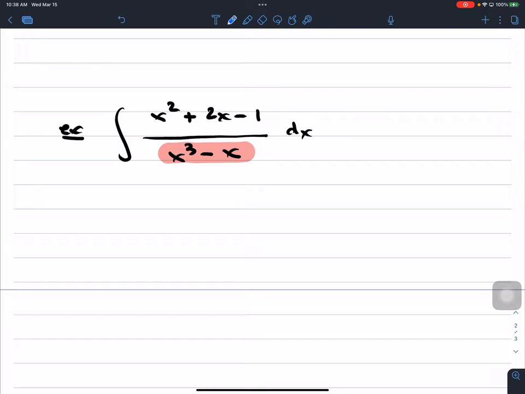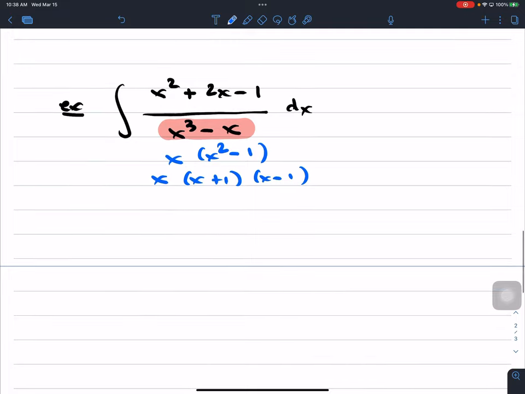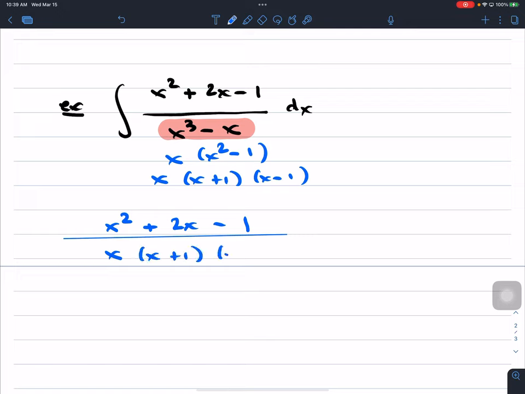You're supposed to factor, is that right? x squared minus 1, isn't this x plus 1, x minus 1? Okay? So you get x squared plus 2x minus 1 over x, x plus 1, x minus 1.